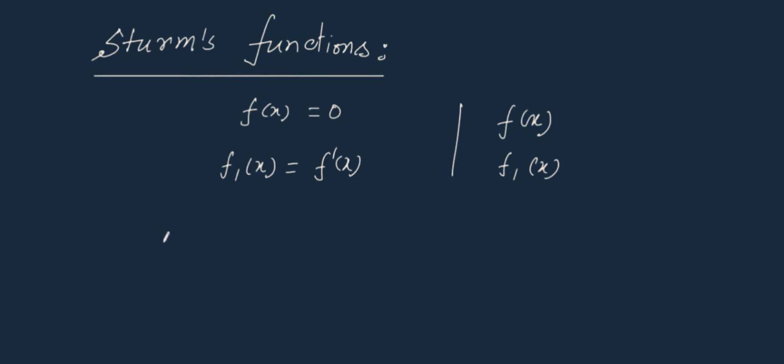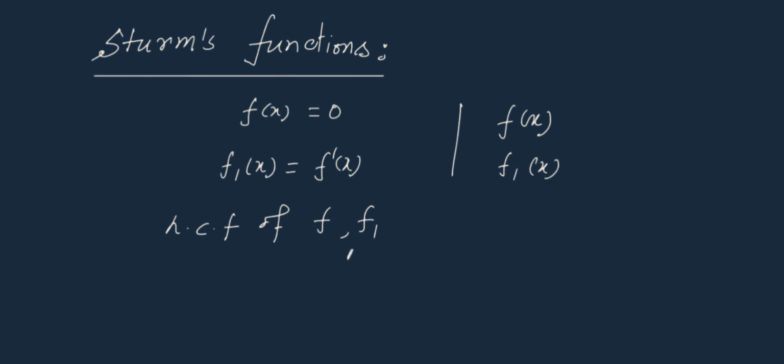And let's do the operation of finding the HCF of f and f1 with slight modification. The modification is that the sign of each remainder is to be changed before it is used as the next divisor, and the sign of the last remainder is also to be changed.